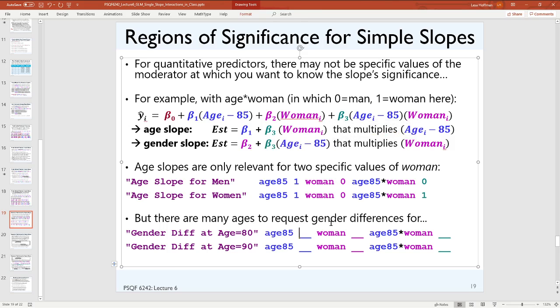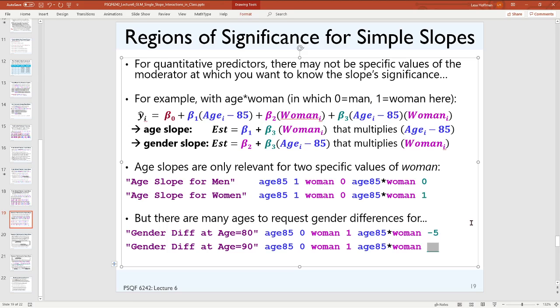So if I go down here, I don't need any beta 1s, so that's a 0. Same is true here. There you go. I do need a beta 2. Put those here. And then the values that go in here are the ages for which I want the gender simple slopes. So if I want age 80 relative to a centering point of 85, that would be a -5 here.